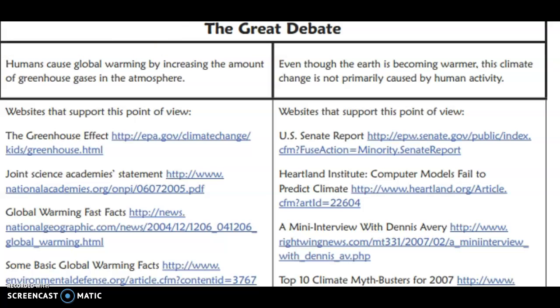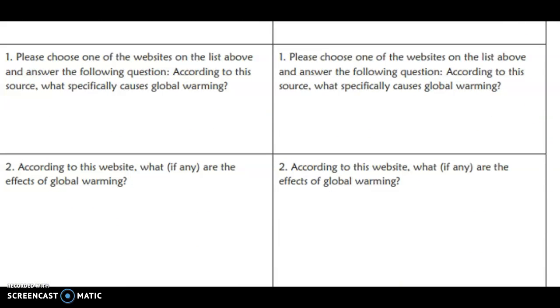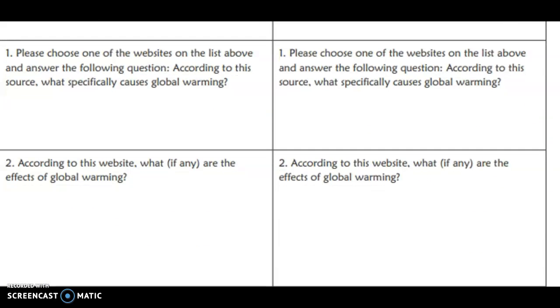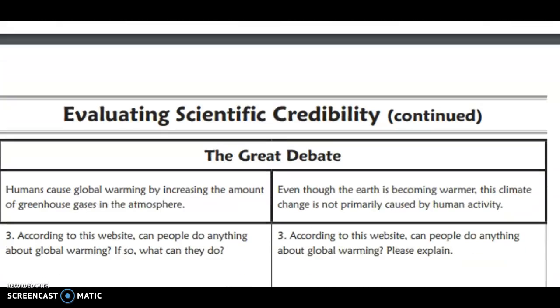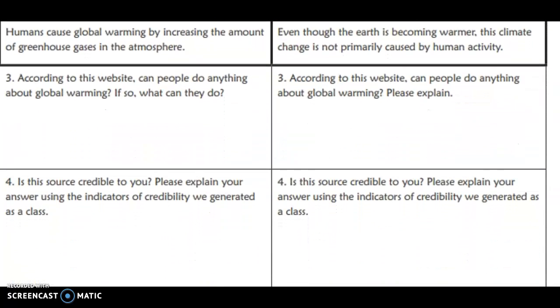So again, your job is to choose one of these 4 websites on this side and then choose one of these 4 websites on this side. And you're going to answer these 2 questions and these 2 questions. That's all you're going to do today, okay?